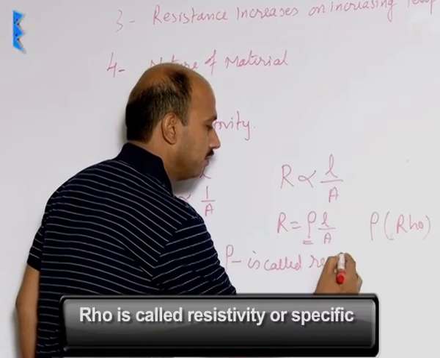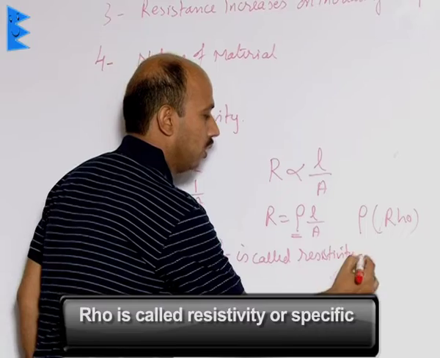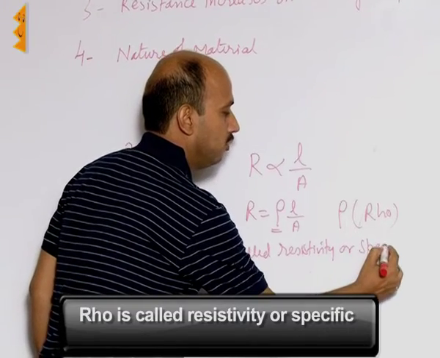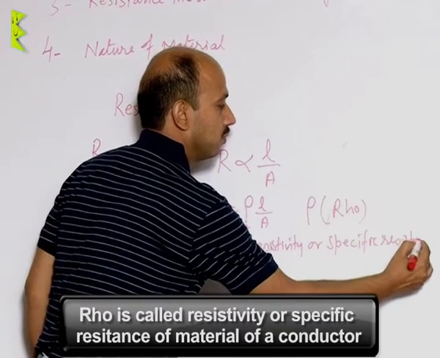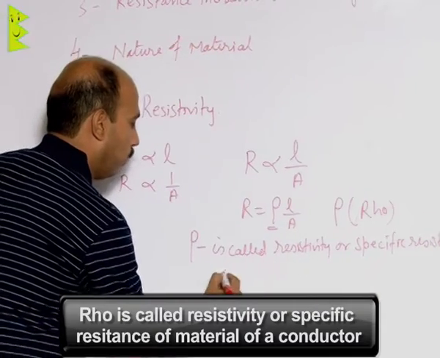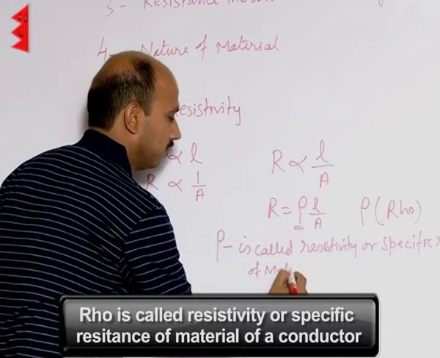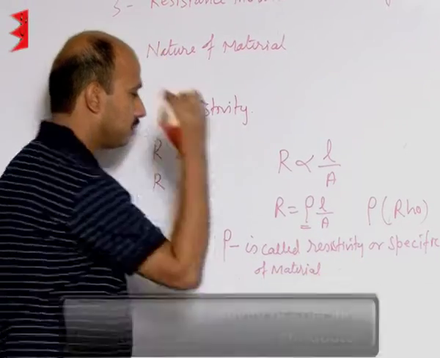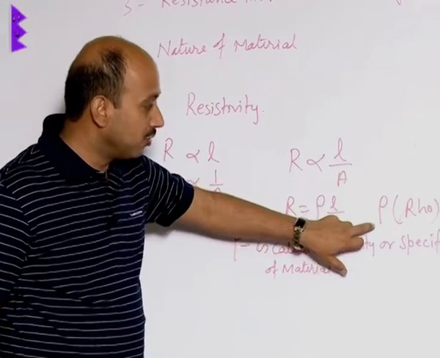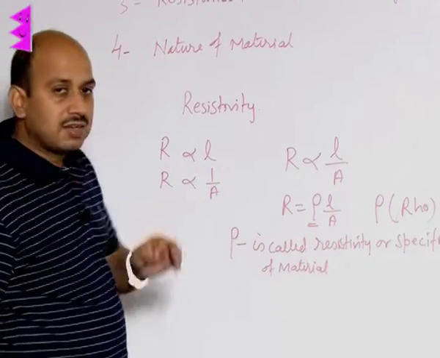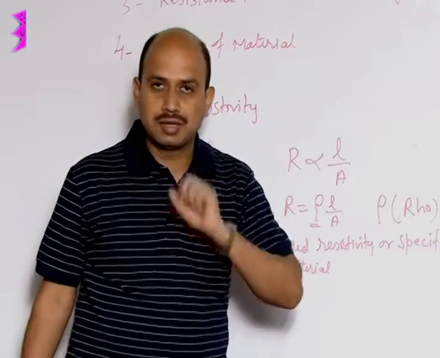resistivity or specific resistance of the material. So, see here, this resistivity, that means rho, is the characteristic property of the material.